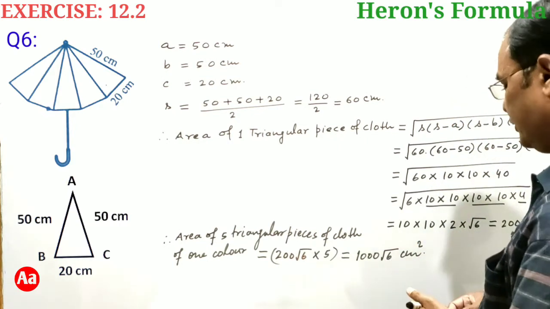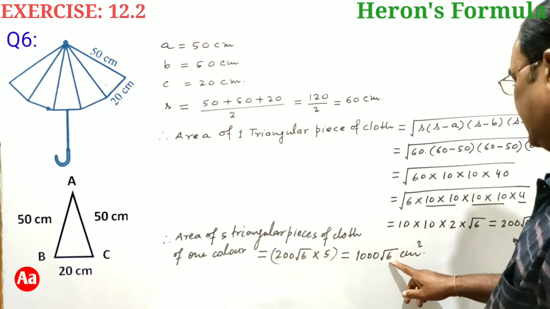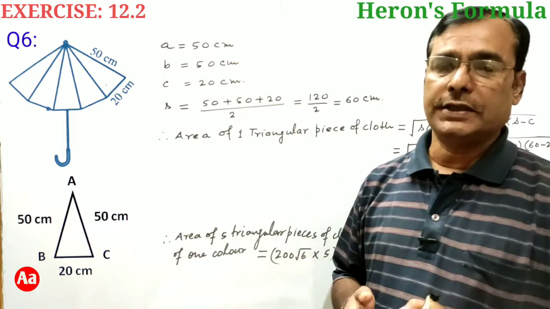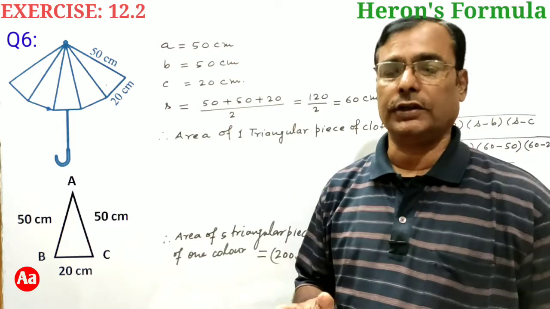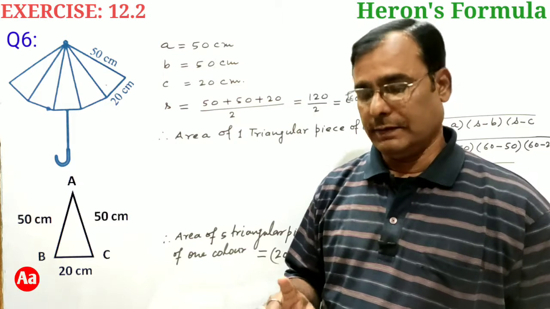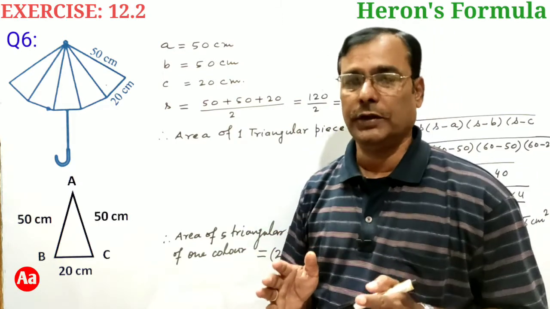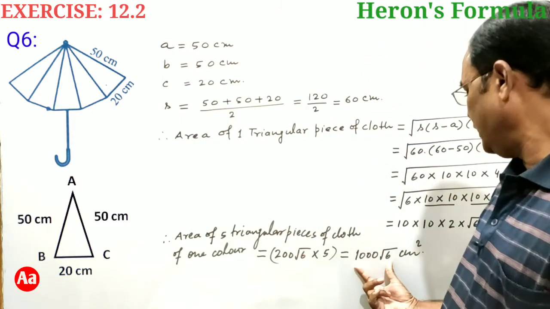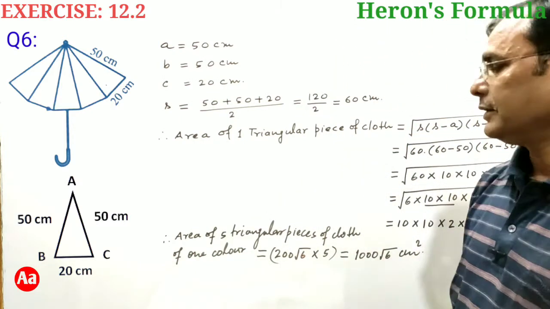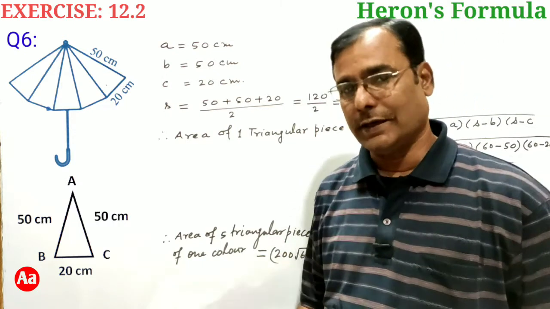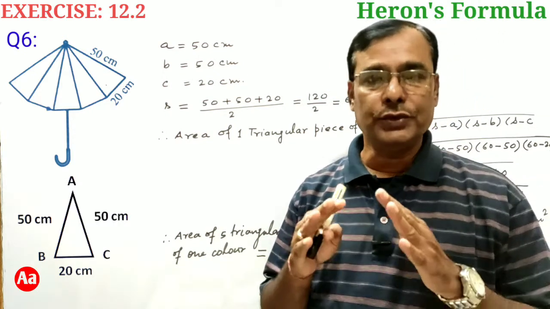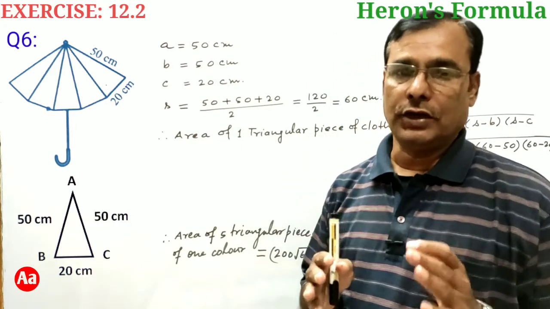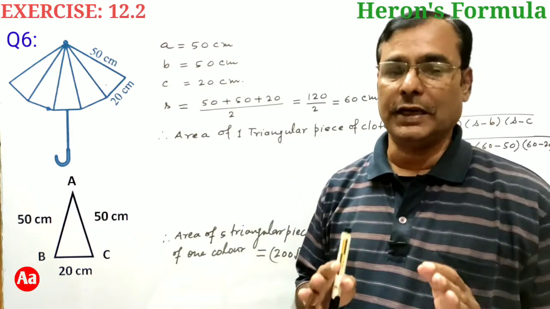So this 1000 under root 6 centimeter square is the area of 5 triangular pieces of cloth of one color. The area of 5 triangular pieces of another color also will be the same, 1000 root 6 centimeter square, and in the umbrella there are 2 sets of 5 pieces of triangular cloth of exactly the same dimensions.